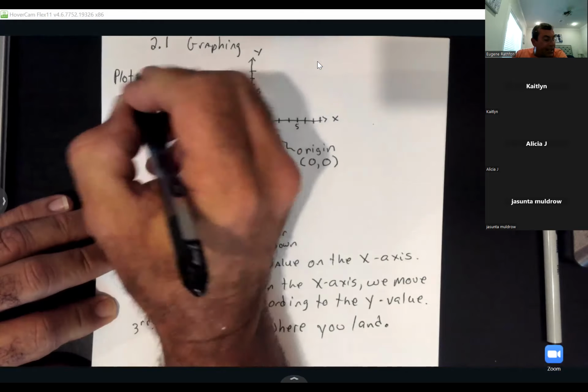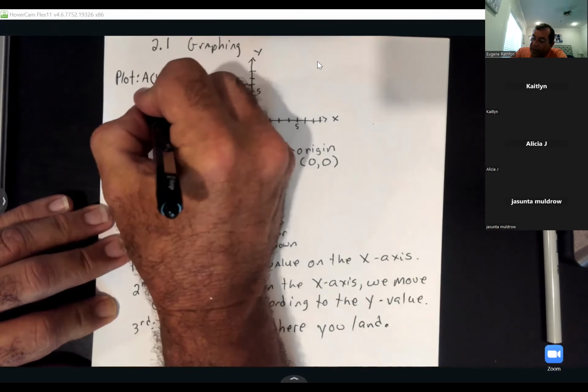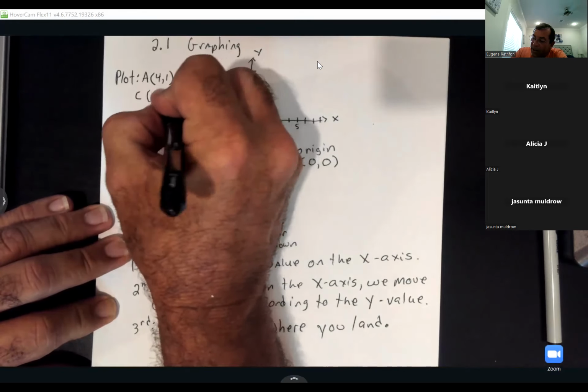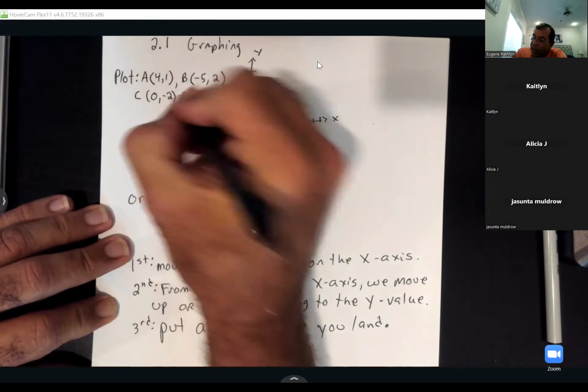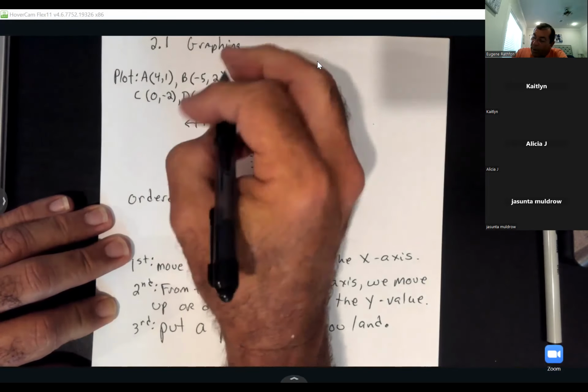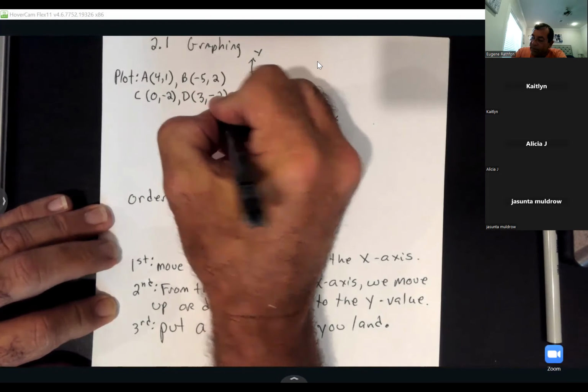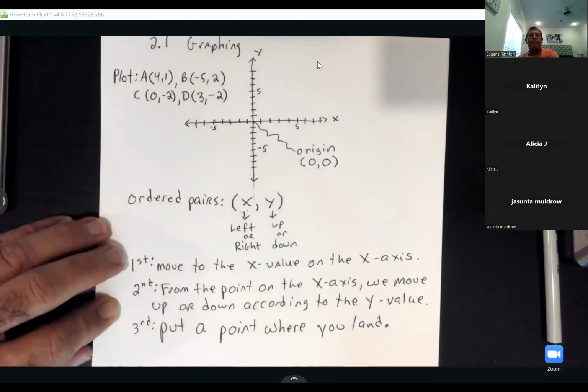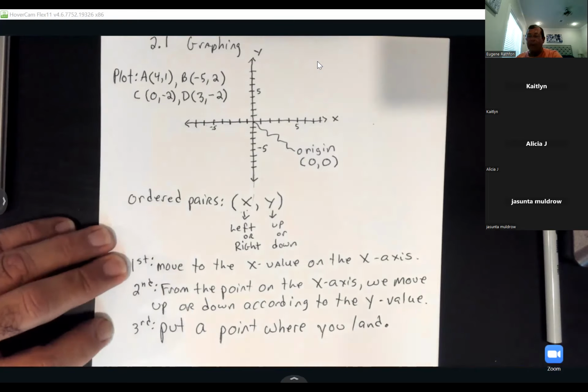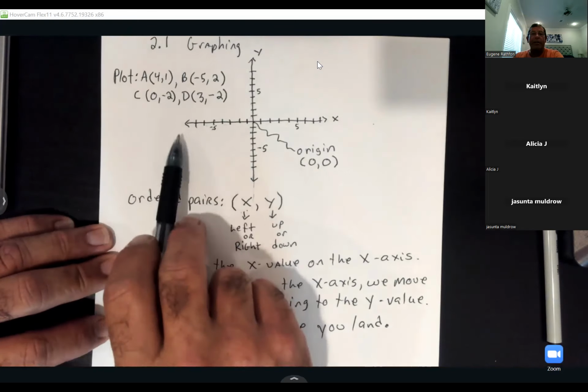My point C will be 0, -2. And then my point D will be 3, -2. Okay, so we're going to plot these 4 points.